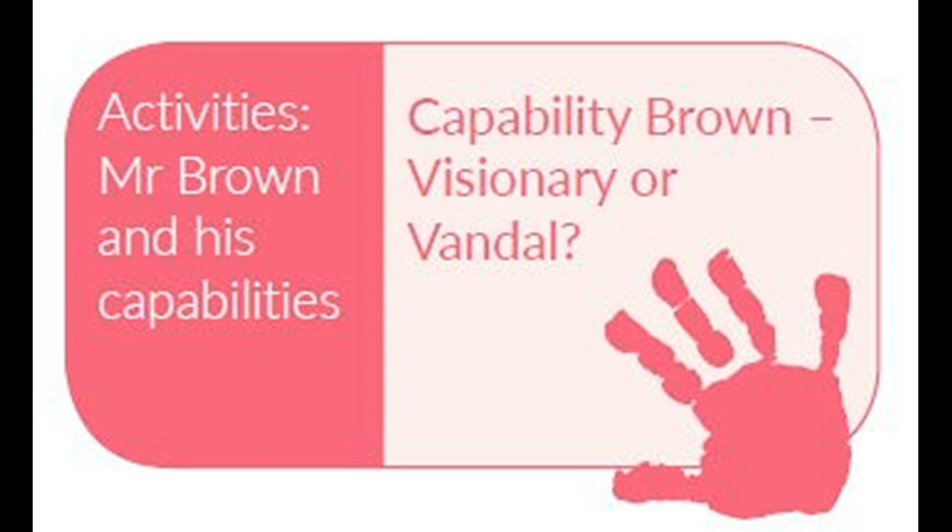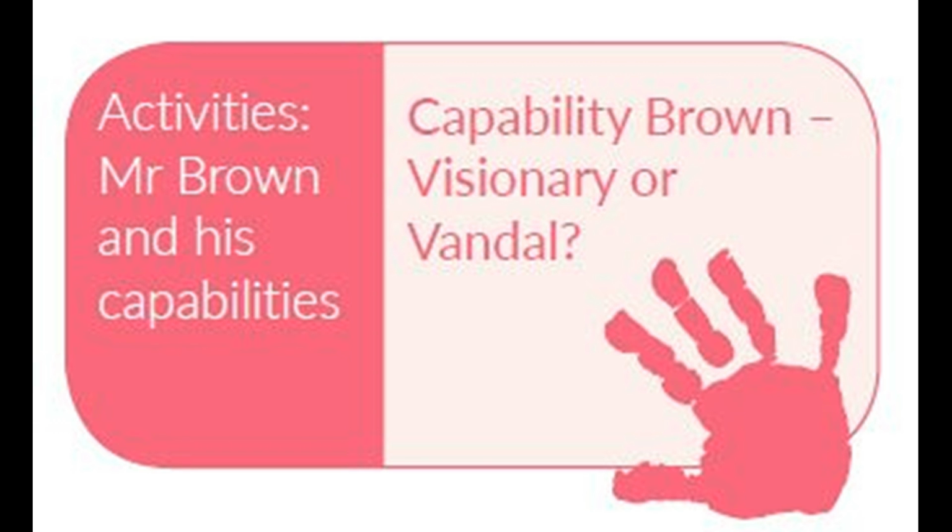You'll notice if I skip an activity as well that Capability Brown Visionary or Vandal, page 49, is again quite a more complex one. Again, it's around debate, and it's using information that they're given in the information cards in the worksheet pack. They have to adopt a position.